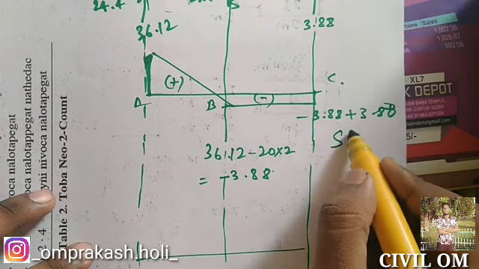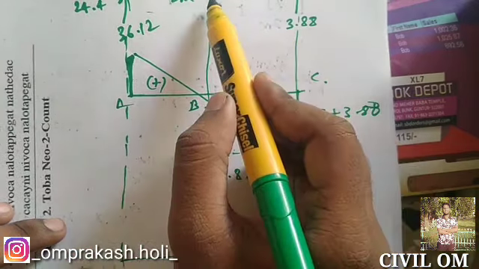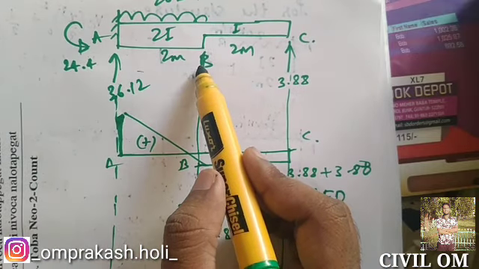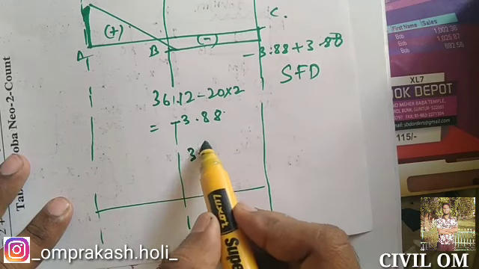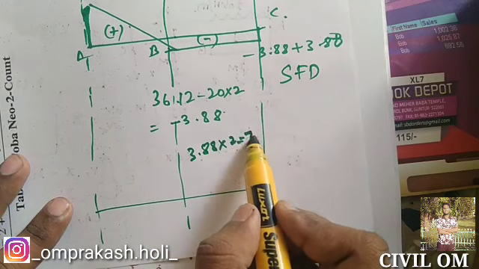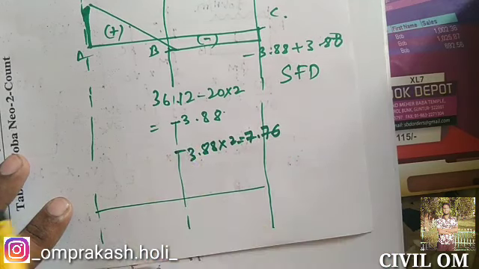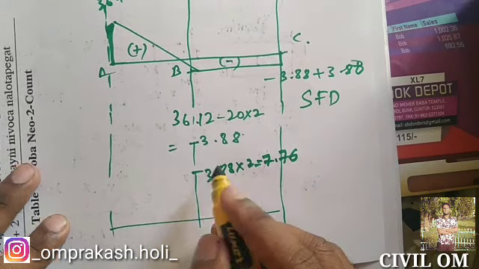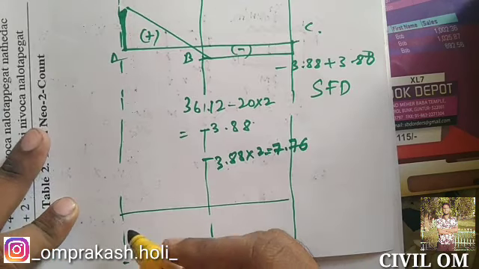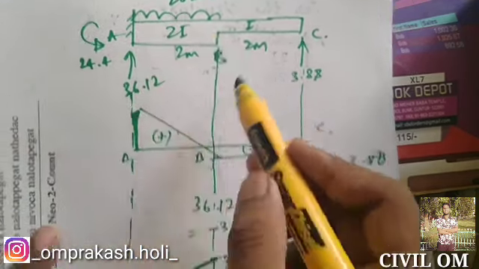Friends, now let us draw the BMD. We have already done the SFD. First we'll consider this point B. So 3.88 to B: the distance is 3.88 into 2, which is 7.76. We'll mark it somewhere here. Next we have the couple acting downwards, that is 24.4 at point A. So let's draw the parabola since we have a UDL here.